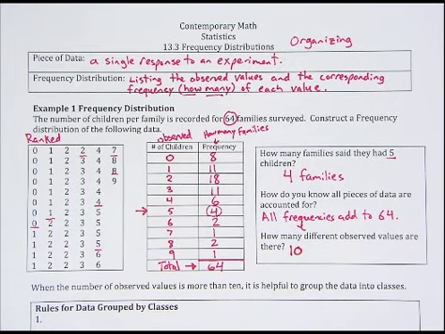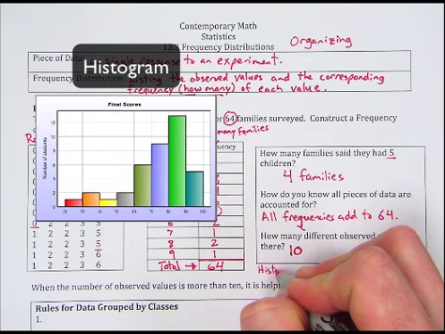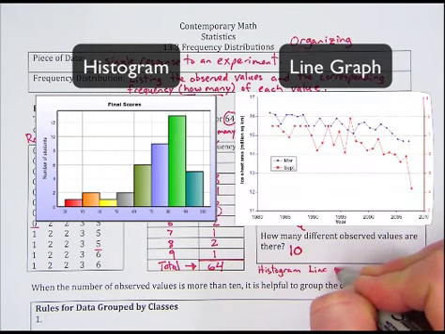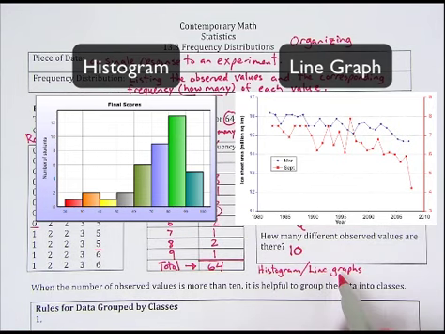Now eventually what we're going to do is we're going to take this information and display it in 2 types of graphs. We're going to be looking at histograms and line graphs. So these are just 2 visual ways of representing a frequency distribution that help us analyze this even more.